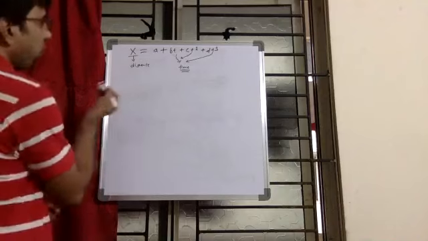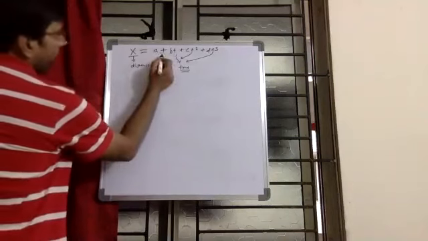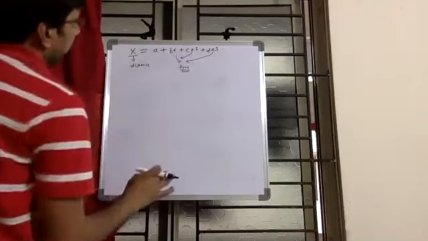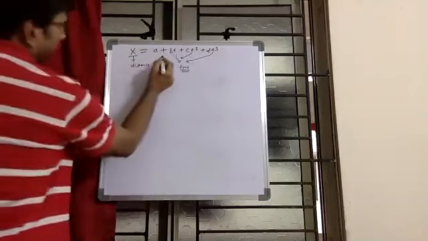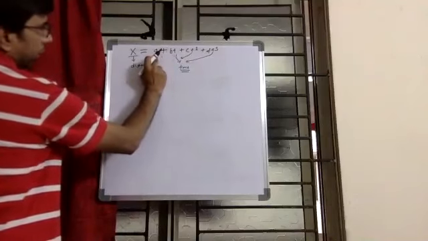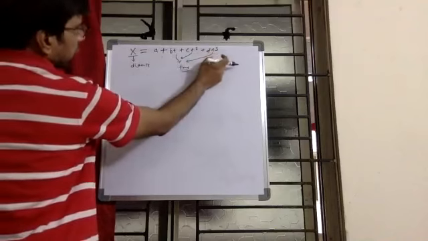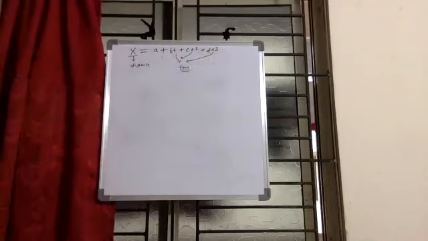What I told you guys, when we have some physical quantity in plus form, we are adding some physical quantity A with some physical quantity BT with some physical quantity CT square plus some physical quantity DT cube.